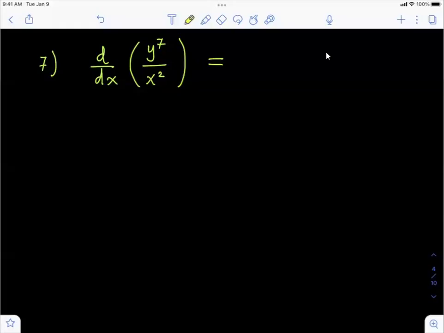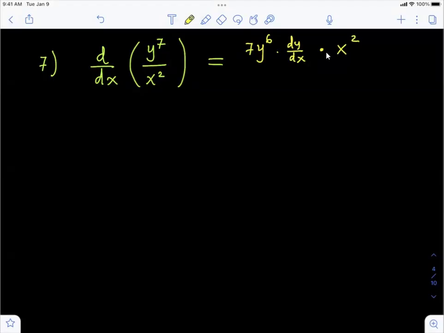So I'm going to do the derivative with respect to variable y, and don't forget, I need to have dy dx at the end because of the variable mismatch. So I'm going to say 7y to the 6 and then dy dx, or you can simply write it like y prime. And that component should be multiplied by the original bottom function, that is the rule of the quotient rule.